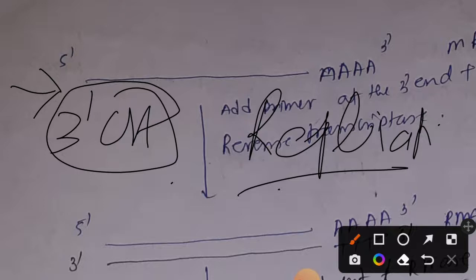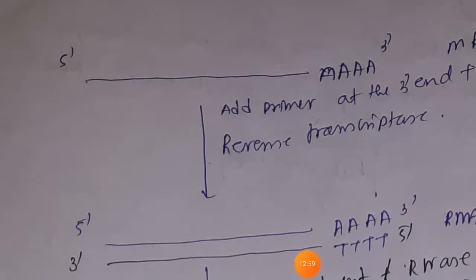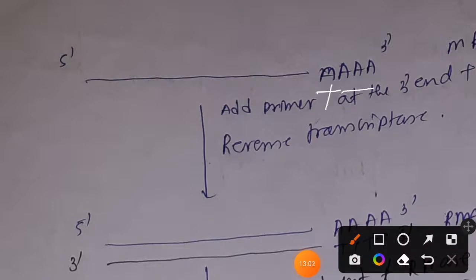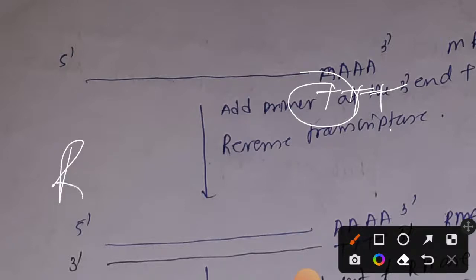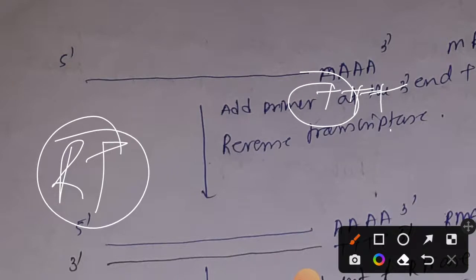Now as here we are doing it totally in vitro, we have to provide the 3' OH group. That is why we are constructing the primer first, and here our primer will only contain T nucleotides.